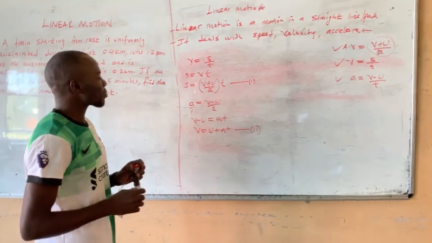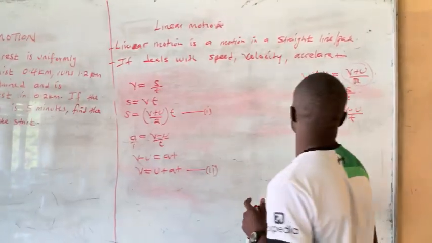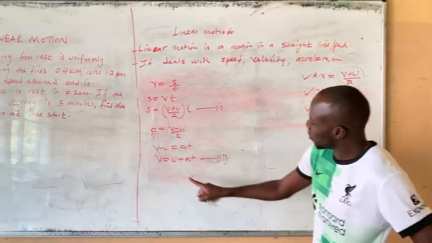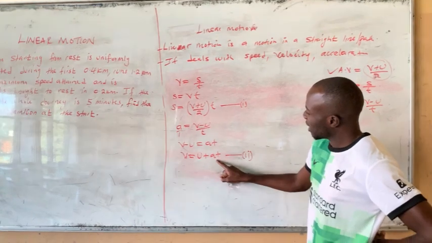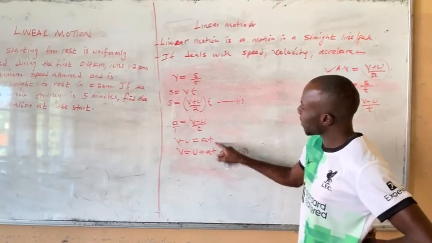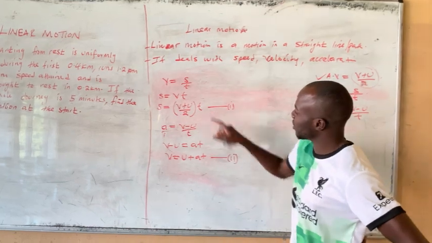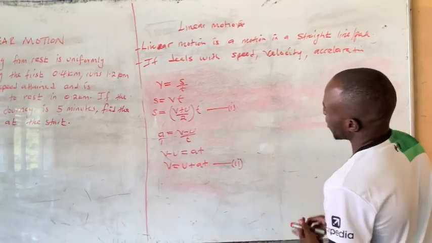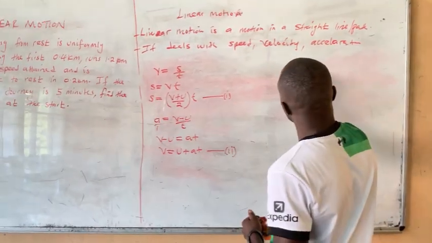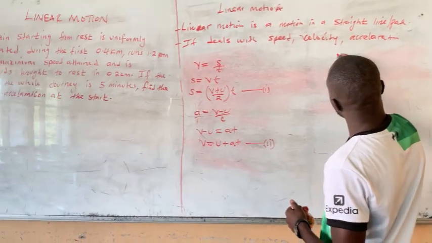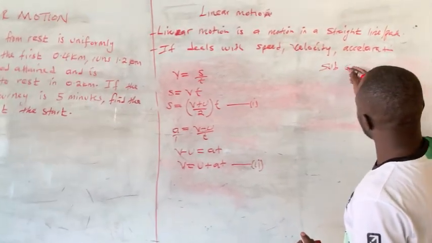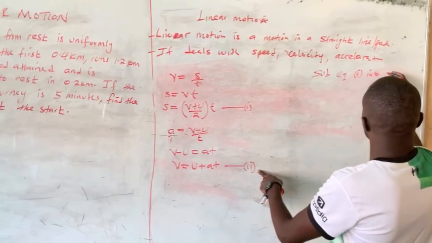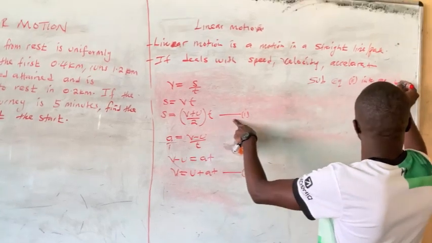So now, what are we going to do next? Keep this very safe. Since we know that v is equal to this one, let us now substitute equation 2 into equation 1.